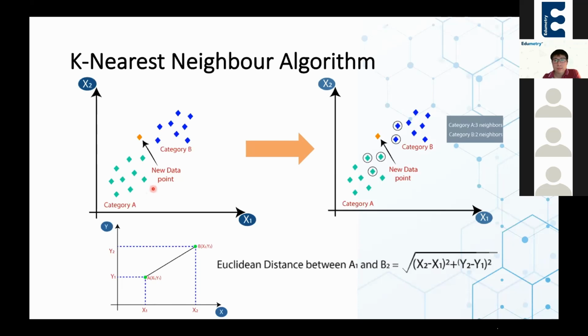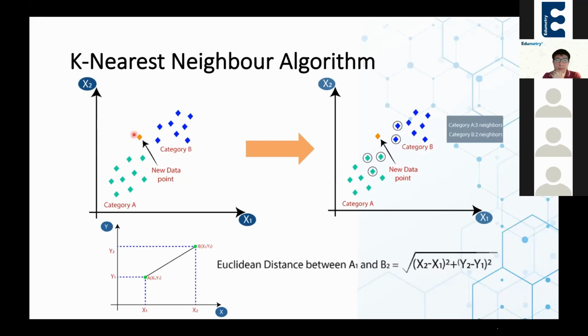For example, you have two categories of data, right? This category is vegetables, this category is fruits, for example. So category A is X2, category B is X1. Now there is a random point coming in suddenly, an undefined object here.